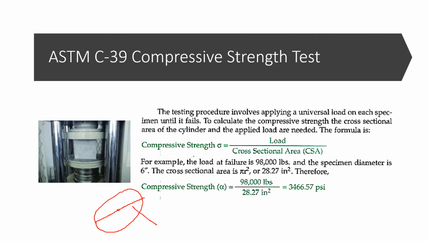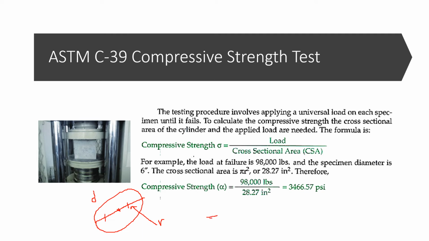To get the R, which is your radius, you divide this diameter D, from here all the way to here, by 2, because the center cuts it into 2 equal parts. So you will get your R, and then you put it into the cross-sectional area.